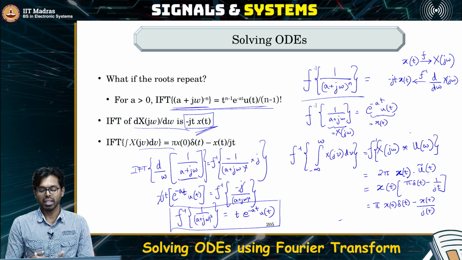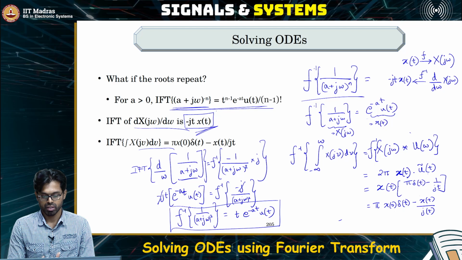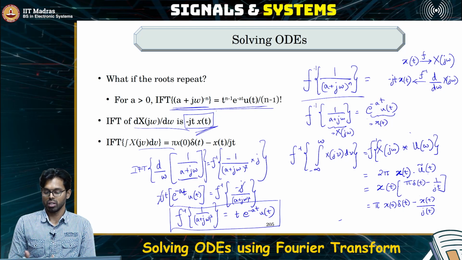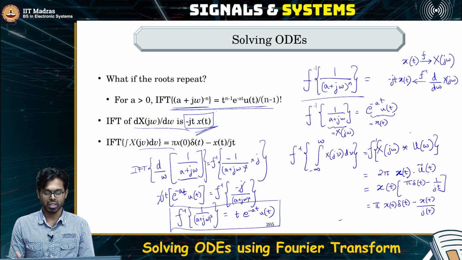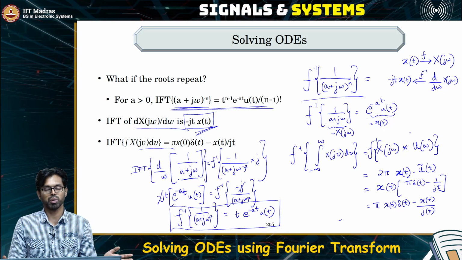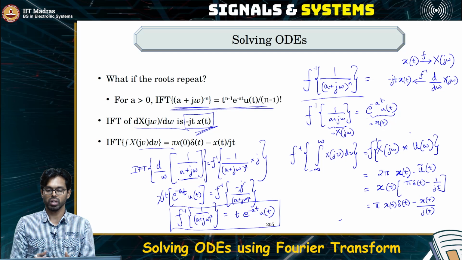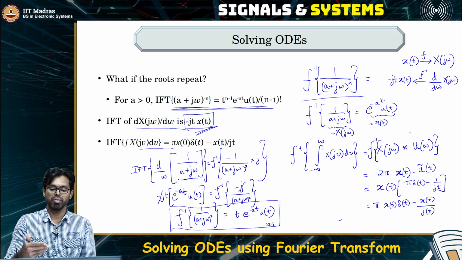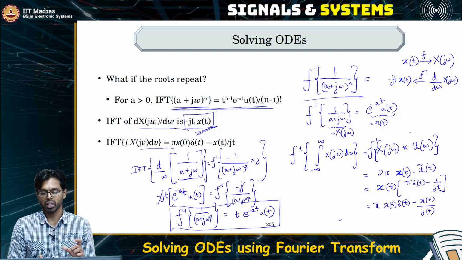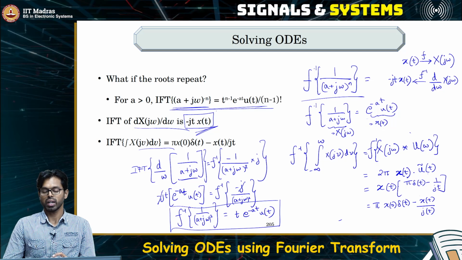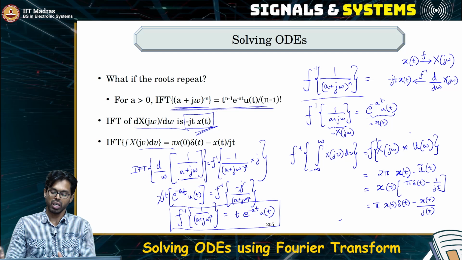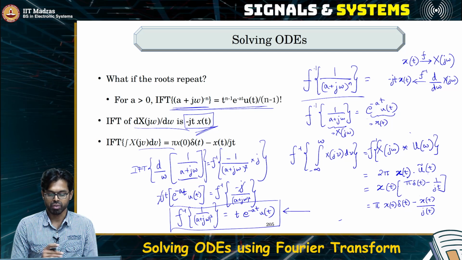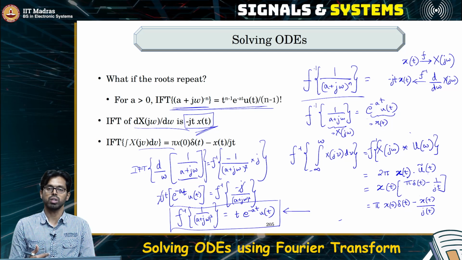So given any system of differential equations, the first step you have to do is use Fourier transform, write them in terms of polynomials, you get the frequency response. Or if you need the frequency response alone, you can stop there. But if you want the impulse response, then factorize this denominator, then you can write them in terms of the partial fractions. Once you write them in terms of partial fractions, you can use this property of the Fourier transform to find the impulse response from there.